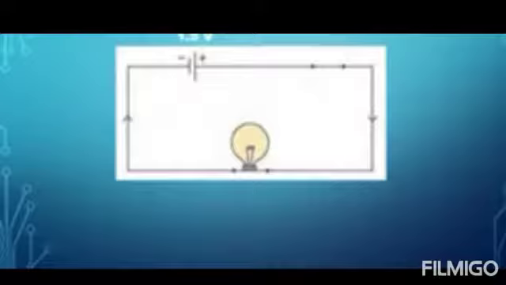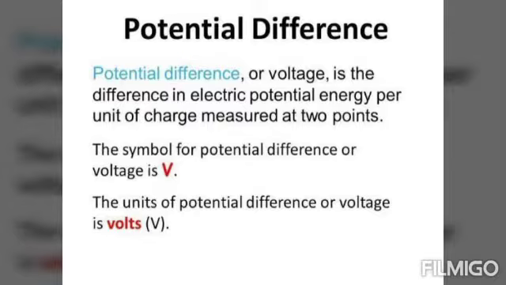As soon as a potential difference is applied, current starts to flow in the circuit. The unit of potential difference in the SI system is the volt, written by the symbol V.